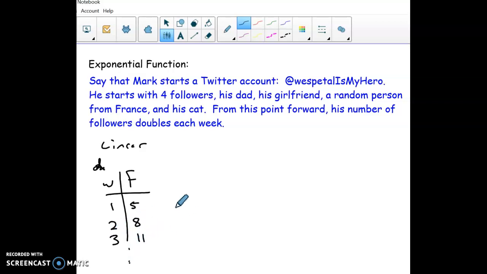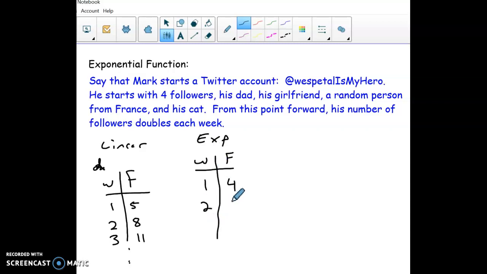That's a linear one. Linear is like adding the same amount each time, like plus 3, plus 3, plus 3. What exponential is, if we do weeks and followers, it creates a multiply pattern. So here was an add 3 pattern that was linear. And in this case, we could say week 1, we have 4 followers, and then they double each week.